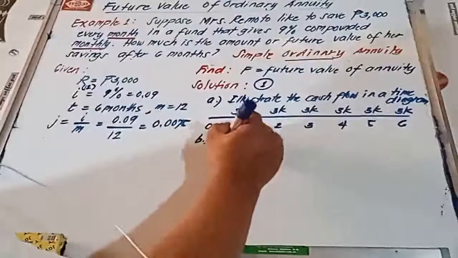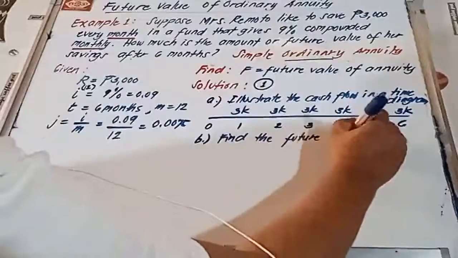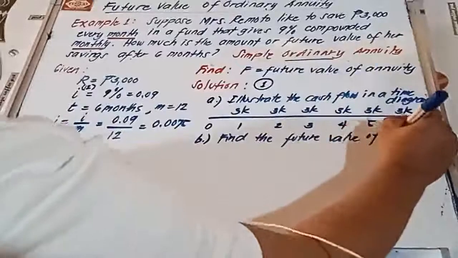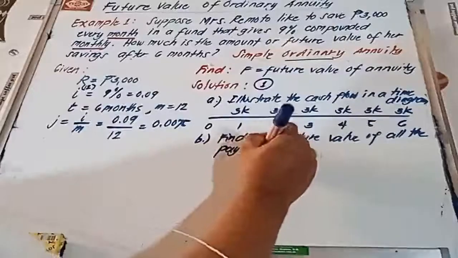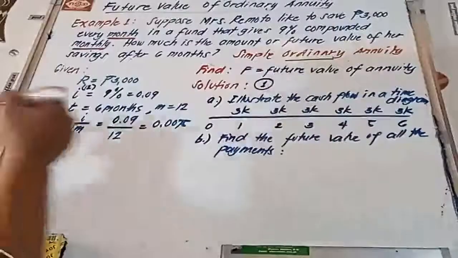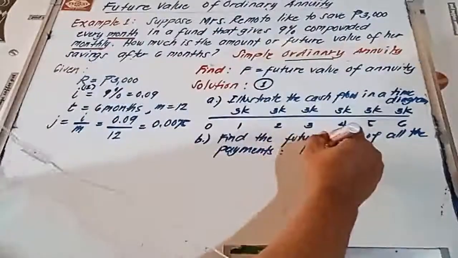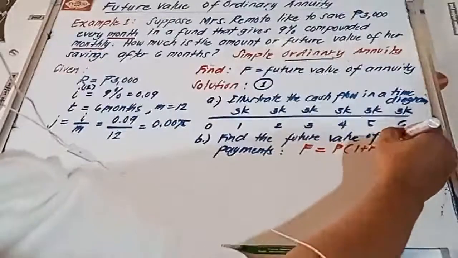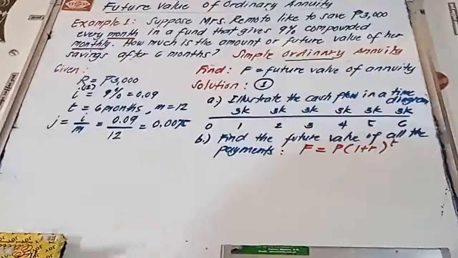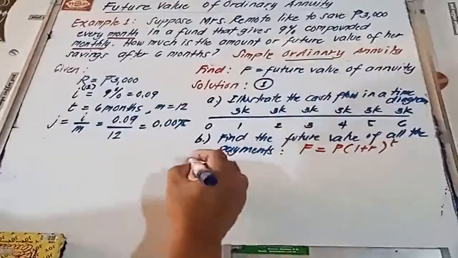Find the future value of all the payments using the compound interest formula kasi compounded siya. Yung ating future amount or future value of money, we have P(1 + r)^t. Yun yung gagamitin muna natin, hindi muna yung formula ng future value ng annuity. So we have, kuha tayo dito, we have here 3K.